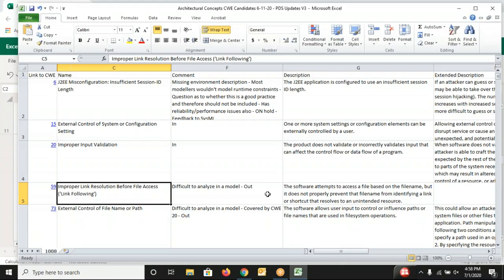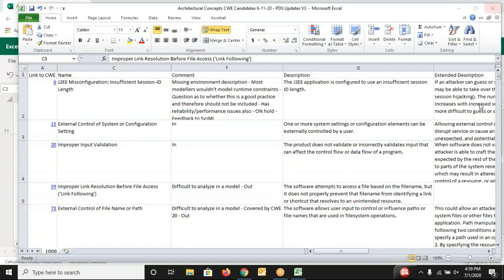So this was a validation problem: it resolves to an unintended resource. It's difficult to analyze, but if a system environment was defined as to what the external resources are that are valid ones, then the verification routine would validate against that.